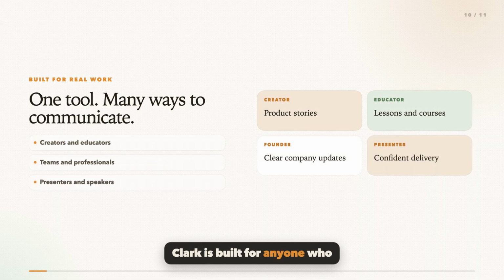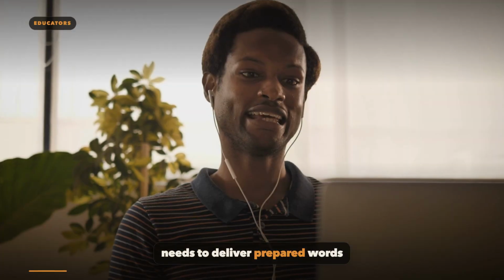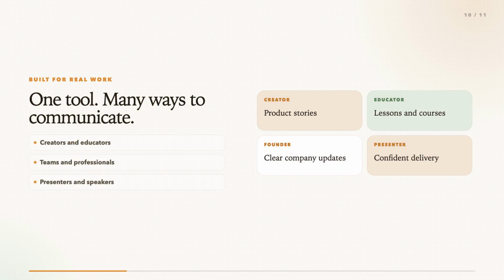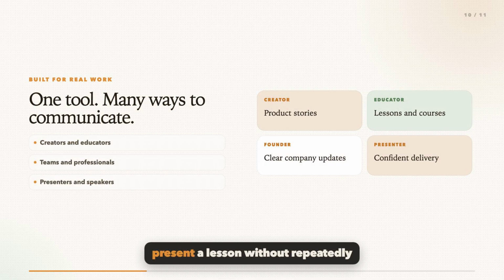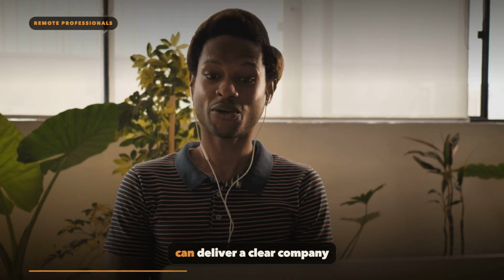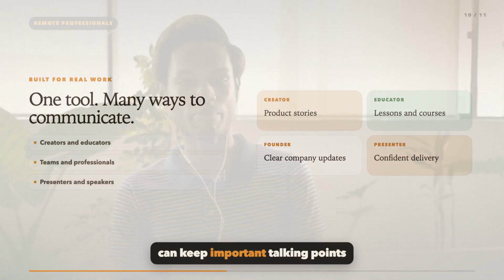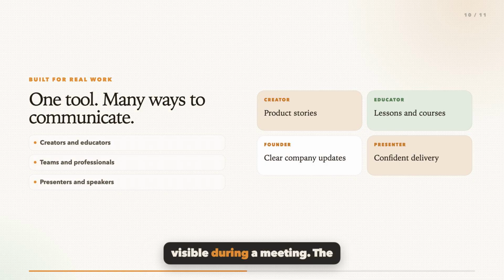Clark is built for anyone who needs to deliver prepared words without sounding over-rehearsed. A creator can record a product story while maintaining eye contact. An educator can present a lesson without repeatedly checking notes. A founder can deliver a clear company update, and a remote professional can keep important talking points visible during a meeting.